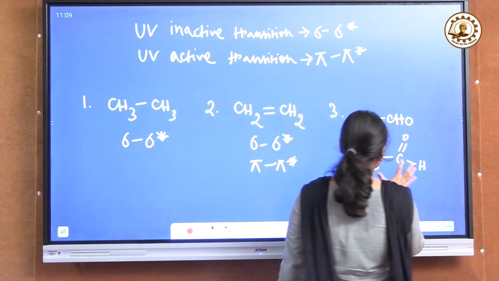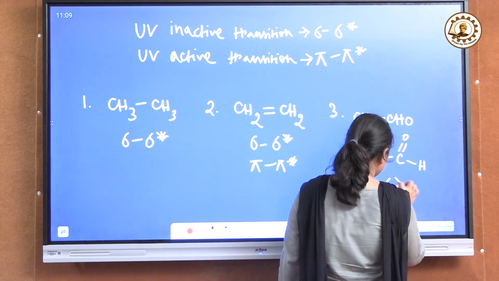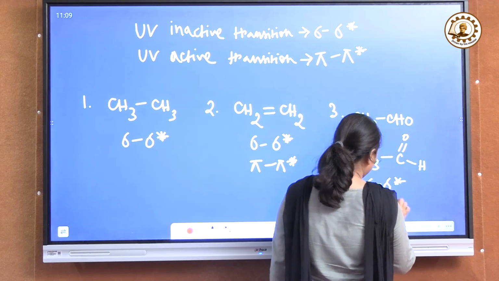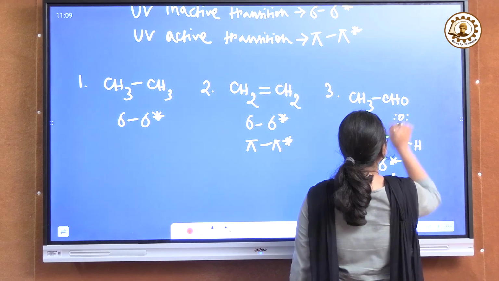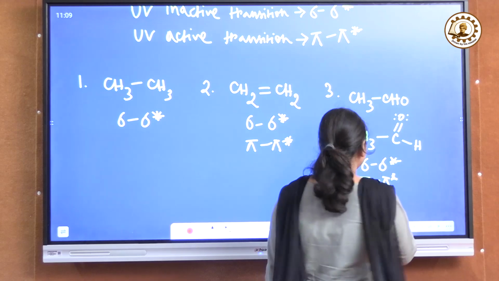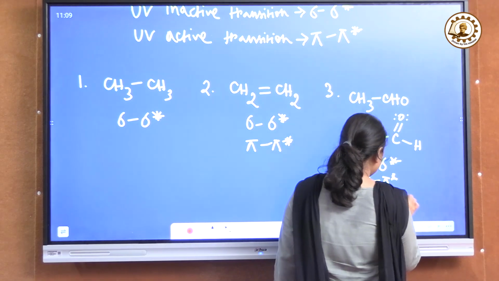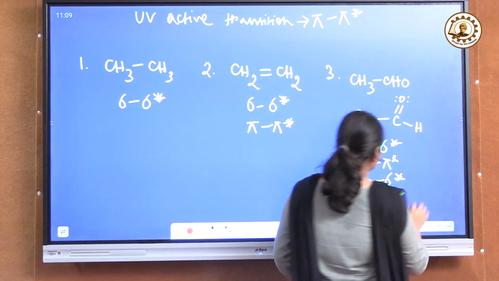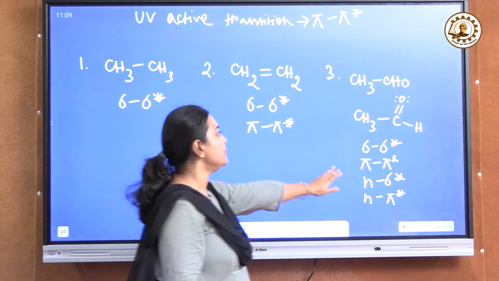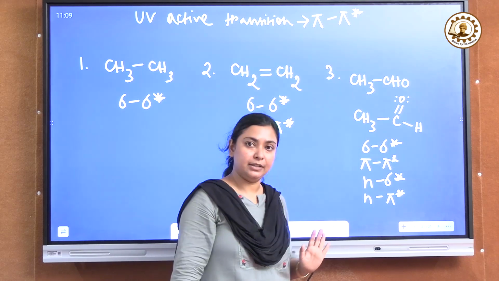So the possible transitions would be sigma sigma star, pi pi star, and as there is a lone pair on oxygen, it will also show n sigma star and n pi star. Okay, so all four possible transitions will be present in case of acetaldehyde.